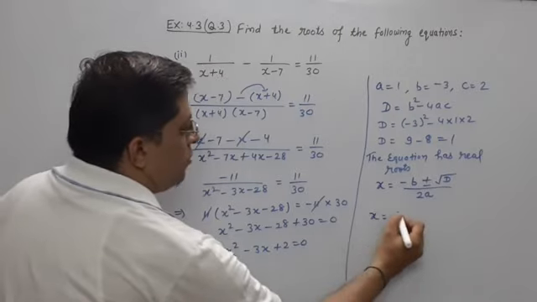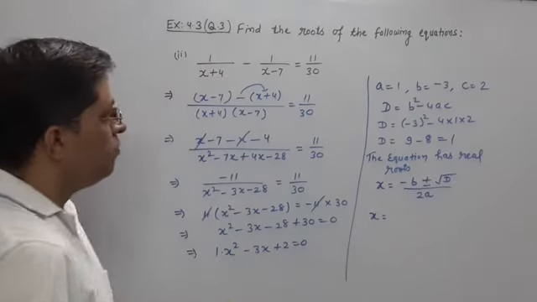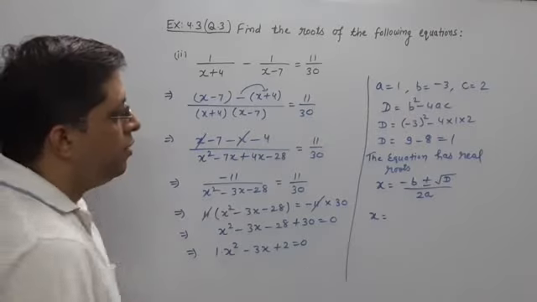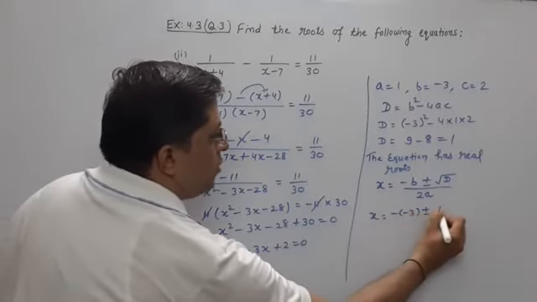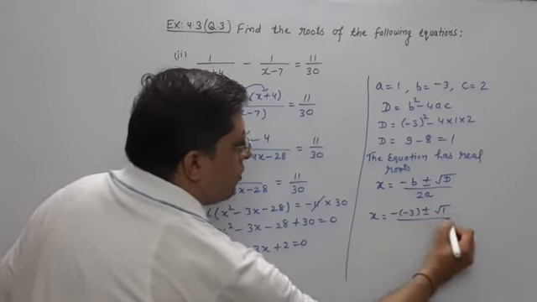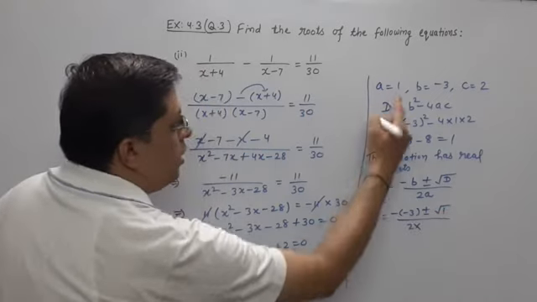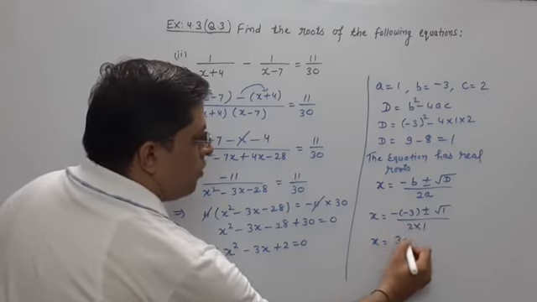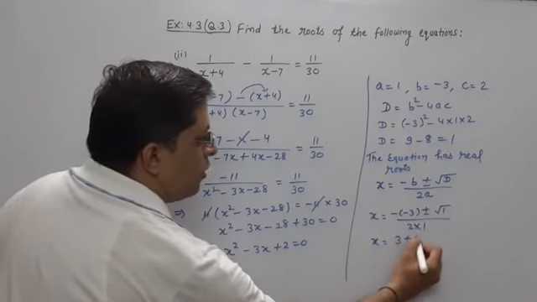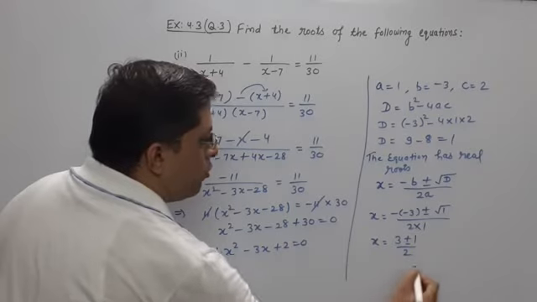Okay, what is minus b? B is what? B is your minus 3. Minus already, this is 3. Plus minus under root d, d is 1, upon 2. A is again 1. This is your 3 plus minus under root 1, which is 1, upon 2.